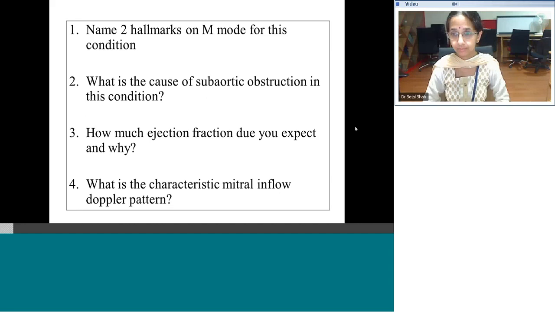Okay, how much ejection fraction do you expect in hypertrophic cardiomyopathy? More than normal. And why does it happen like that? Why commonly you will have your EF as 78, 80, 82% with this type of LV?